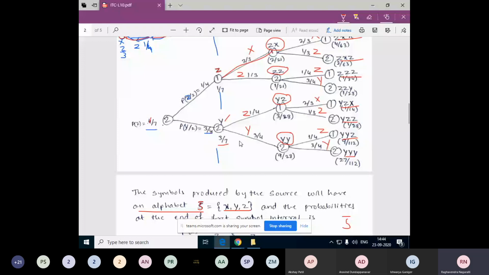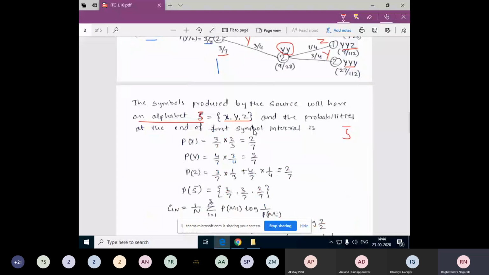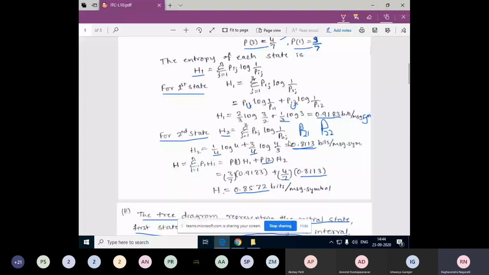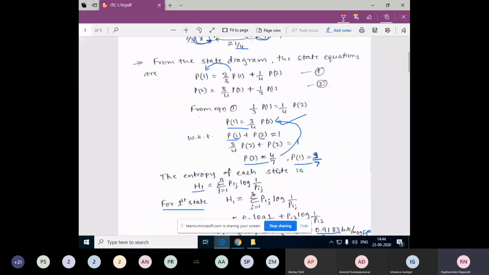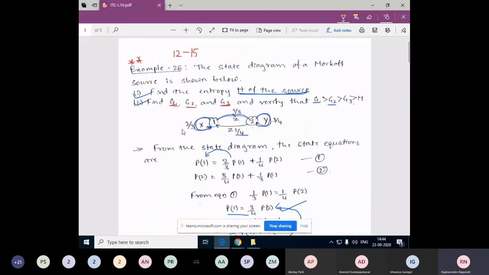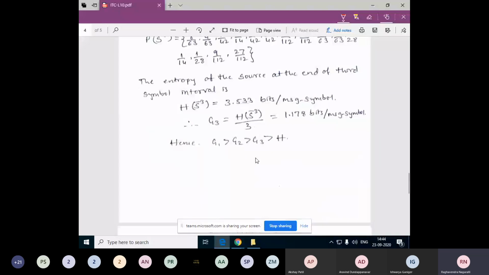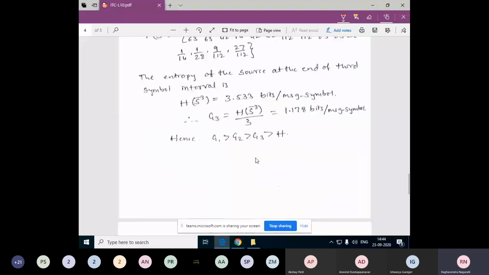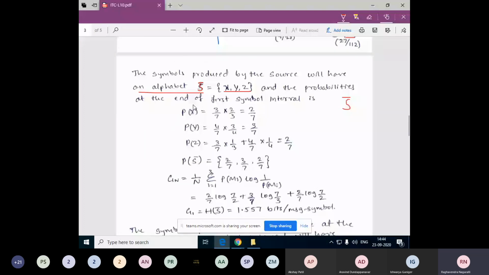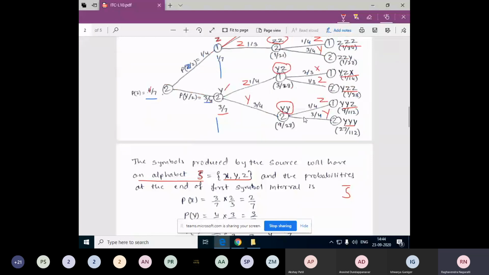So let me explain it once again. What is this adjoint source? The adjoint source is a zero memory source. Actually, this tree diagram represents the transitions for the Markov source. Here, the source that we have considered is a Markov source. From this Markov source, we can define one more source as an adjoint source. This adjoint source is nothing but a zero memory source, having the symbols emitted at the first order of the Markov source.